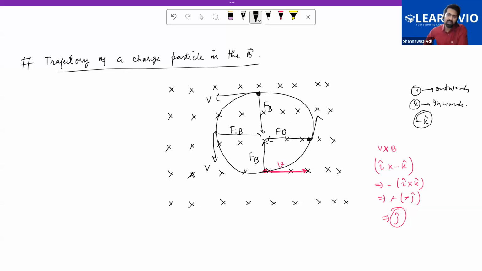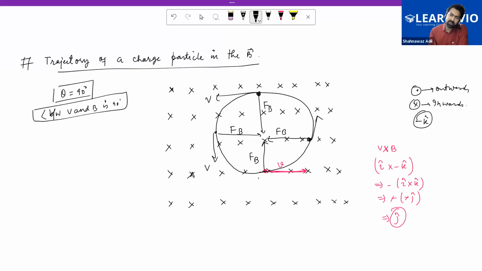Whenever you have a magnetic field which is perpendicular, here theta is 90, so the angle between v and B is 90 degrees. And for this case, this would be a circular motion.